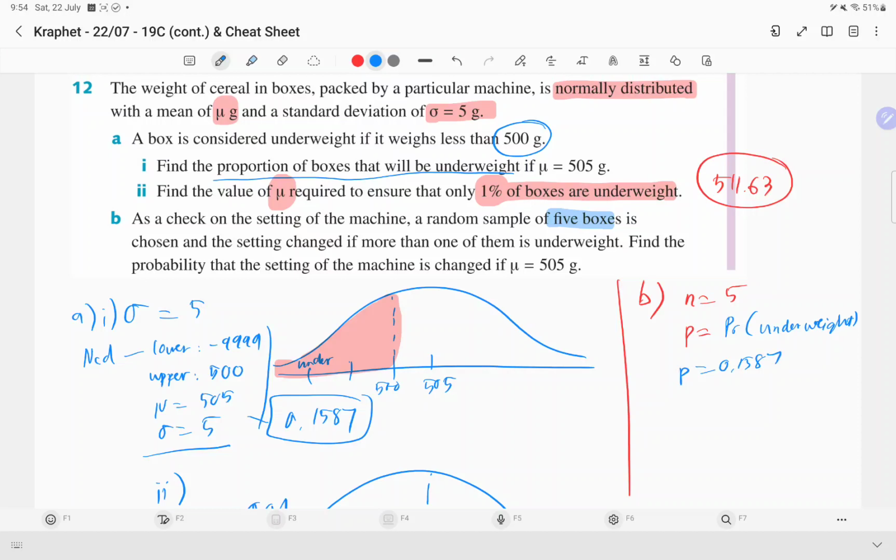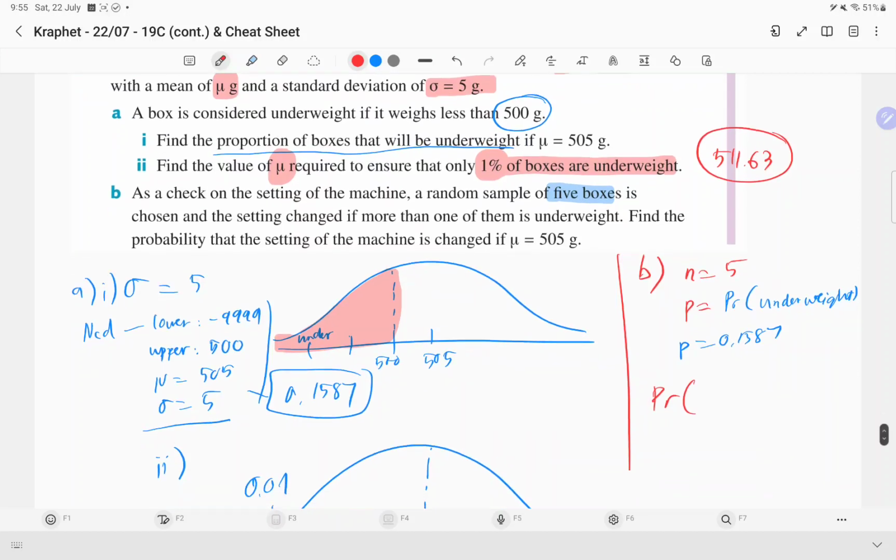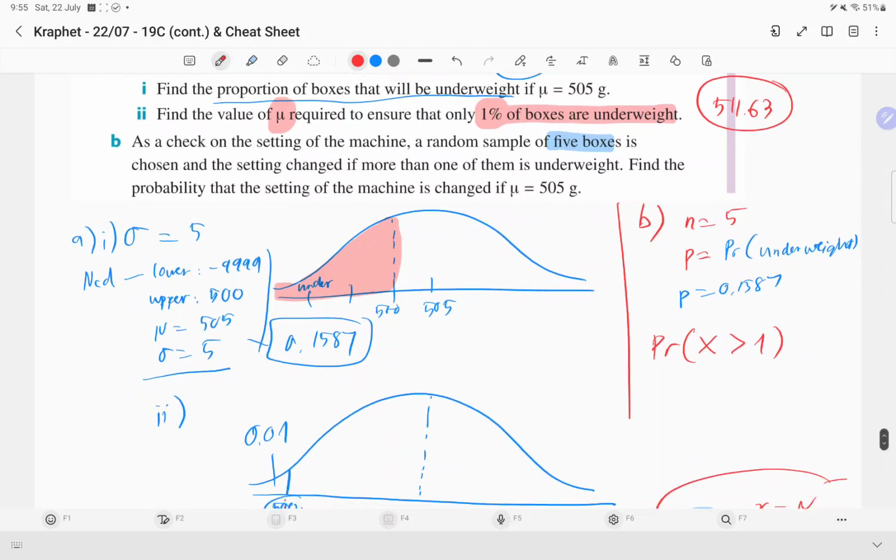Okay, so what's the probability that the setting of the machine would change? So the probability of more than 1? So it's going to be 2, 3, 4, 5. Yep, so you write more than 1, and then it will be the binomial BCD.